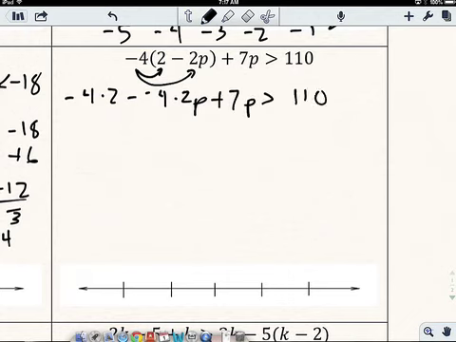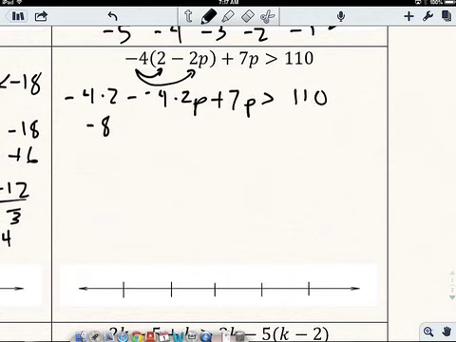Okay, so -4 times 2 is -8. Negative and negative make a positive 8p plus 7p is greater than 110. I'm going to combine like terms now. That's 15p, and -8 comes along. And so now I add 8.